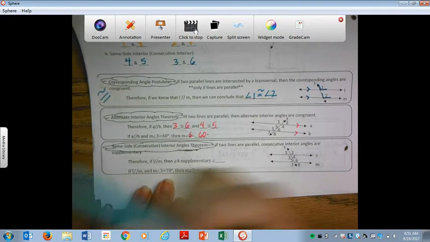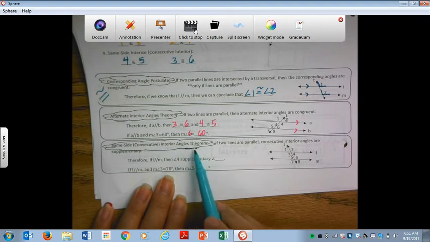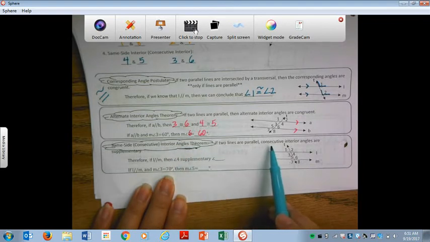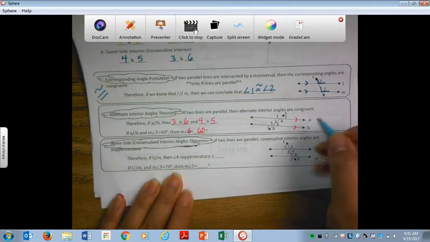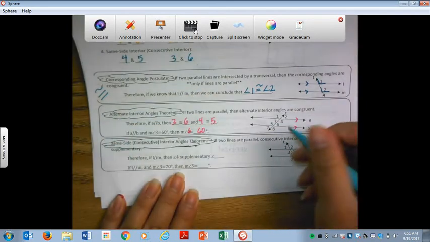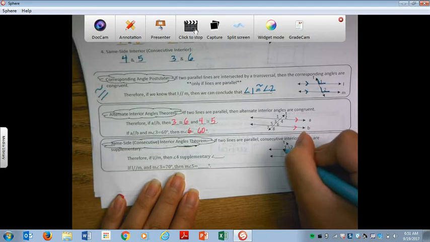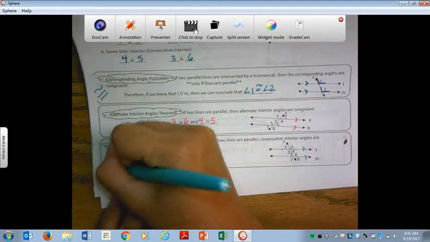Now, same side consecutive interior angles theorem. If two lines are parallel, consecutive interior angles are supplementary. So you've got these two being parallel, and then you have the consecutive angles being supplementary. So these ones add up to 180.